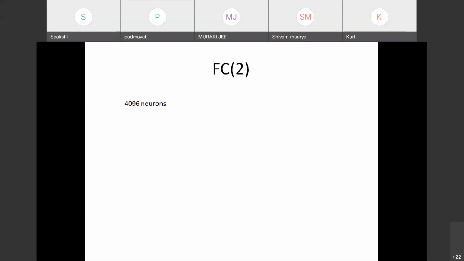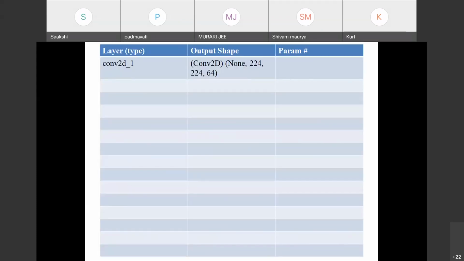Again, 4096 multiplied by 1000 plus 1000 will give me the total number of parameters required for this particular fully connected layer, that is the output layer. With this, let us try to get a brief overview of the VGGNet, VGG 16 architecture.